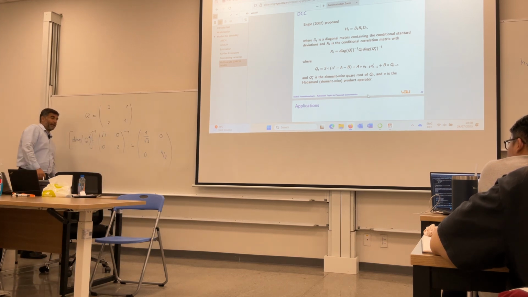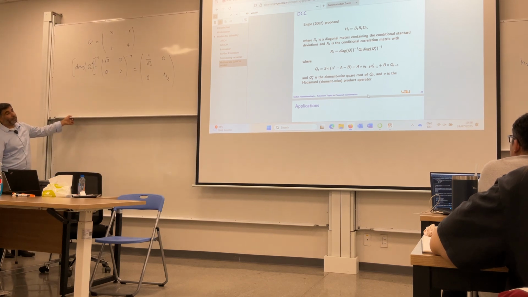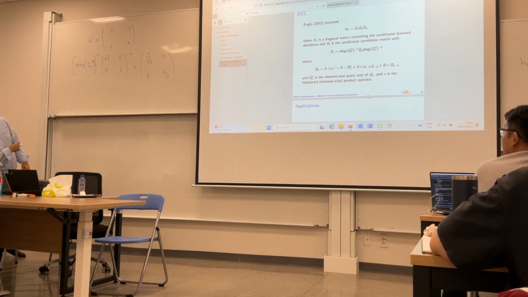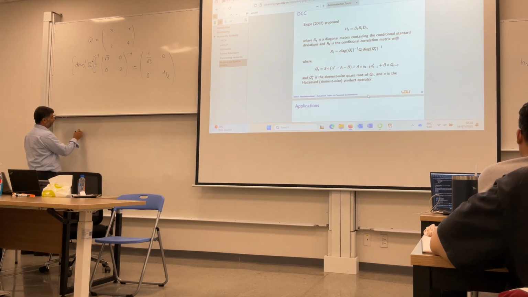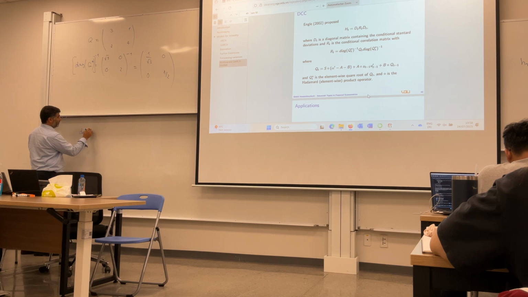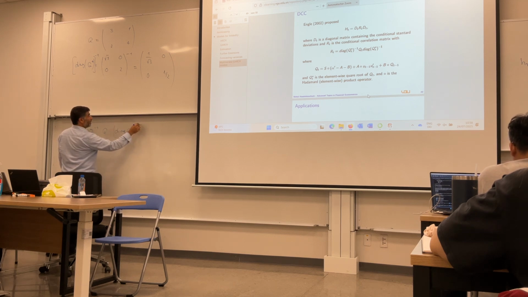Now let's pre- and post-multiply this with Q. So here I have the diagonal of Q star to the minus 1, times Q, times the diagonal of Q star to the minus 1.